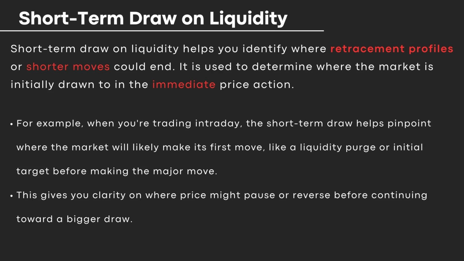Your objective in that particular scenario would be to look for longs. But it's not that simple. You also need to be aware that even if price wants to go higher, it will still make retracement profiles lower and make counter moves to reject below lows before it starts moving higher. So if you analyze price action and see that we're kind of in the middle of nowhere, the first thing you would anticipate is price making a retracement profile, rejecting below a low, or retracing into a discount key level.